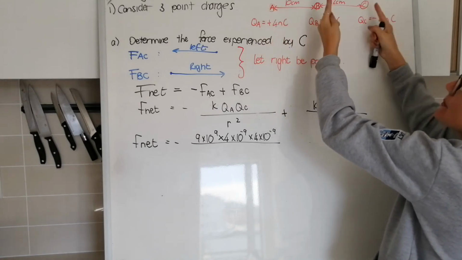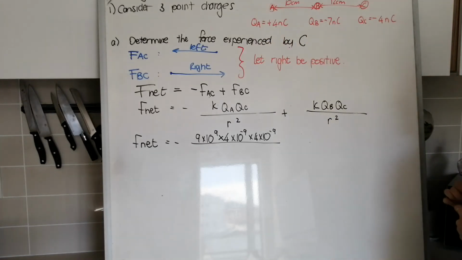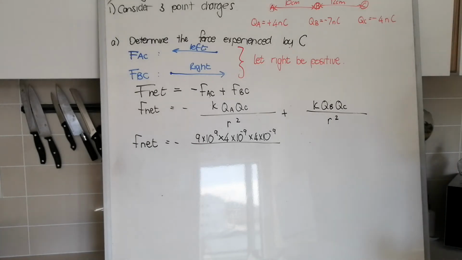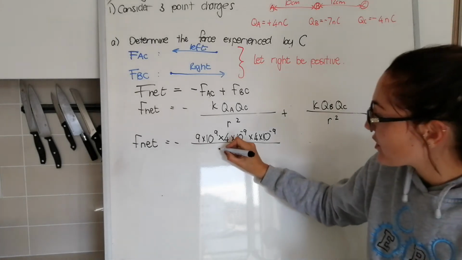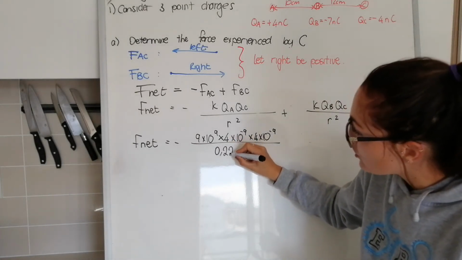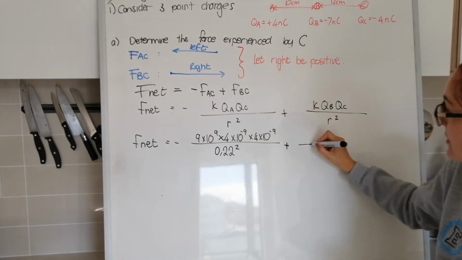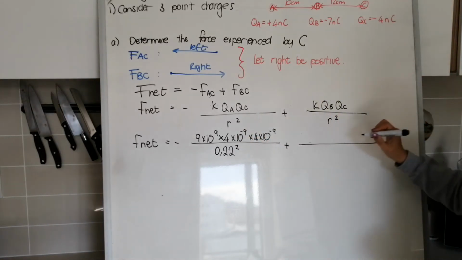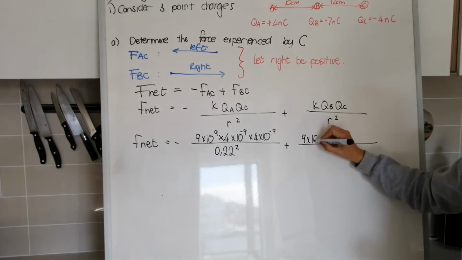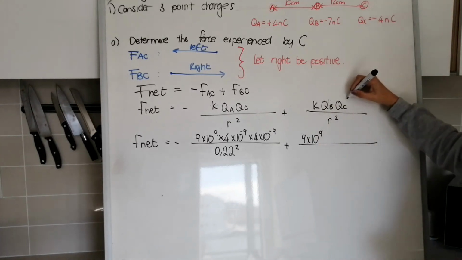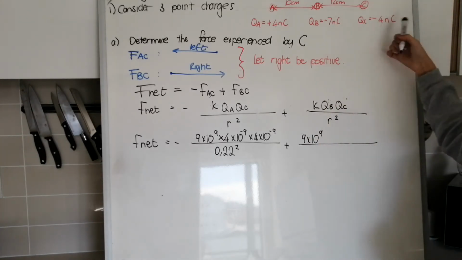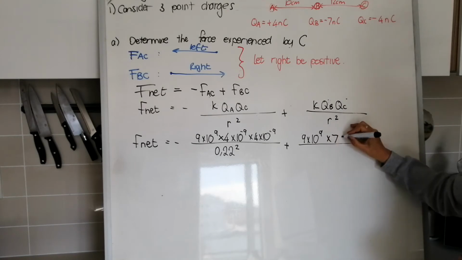So it's 10 centimeters and 12 centimeters. So that's going to be 22 centimeters, which we convert to meters, 0.22 squared, plus our proportionality constant, which is 9 times 10 to the 9. The charges on B and C are 7 and 4. We exclude the signs.